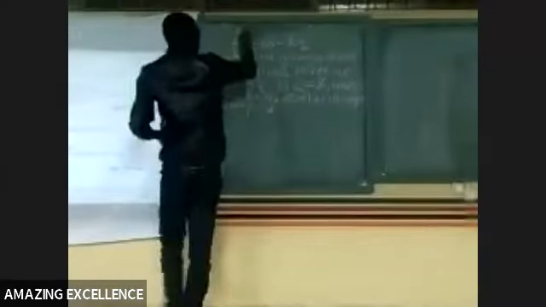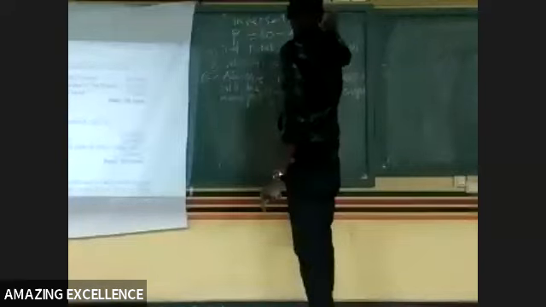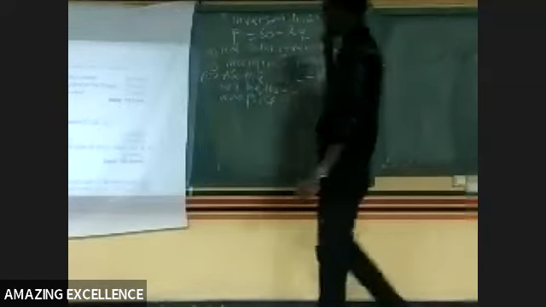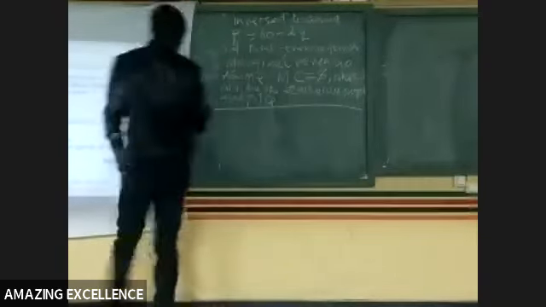So this one is called an inverse demand function, right? Now, what does it tell us when we say inverse demand? This is very important. What do you understand by inverse demand?